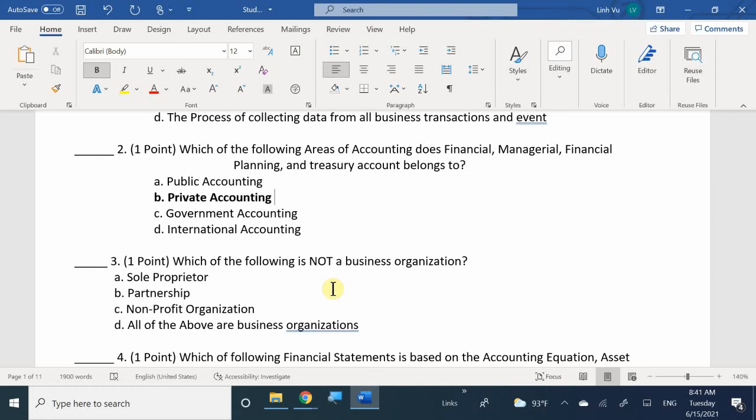We talked about there's exactly 5: sole proprietor, partnership, corporations, nonprofit, and LLCs. Okay. So good. But yes, all of these are business organizations.